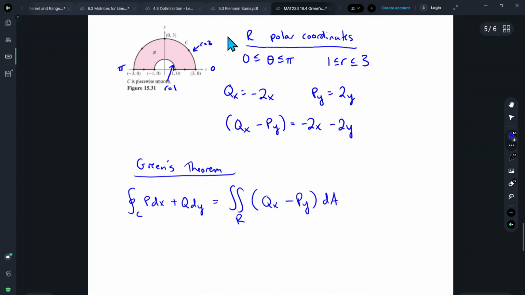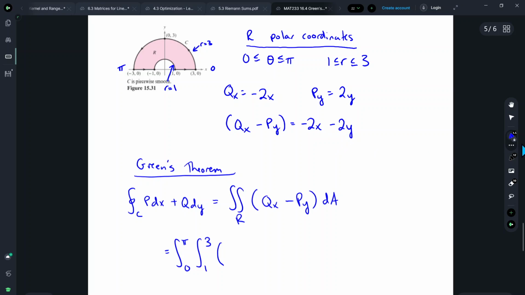And we have everything set up. In this case, we're working in polar coordinates. So theta goes between 0 and pi, r goes between 1 and 3. Here, we do Q_x minus P_y, which is written out here.